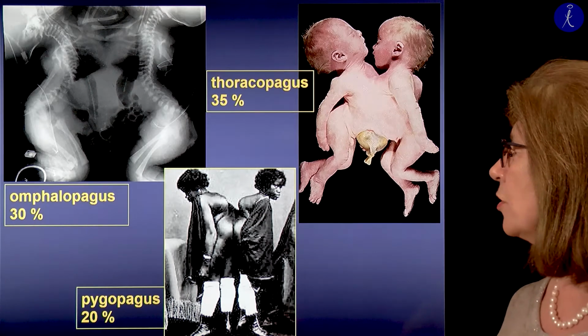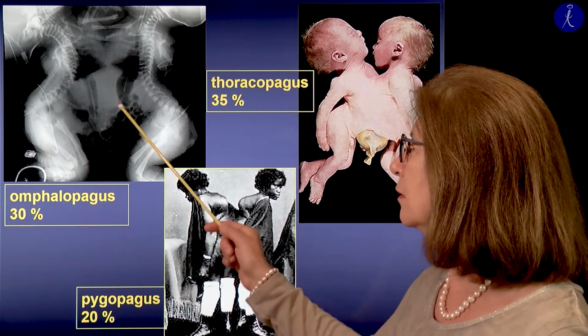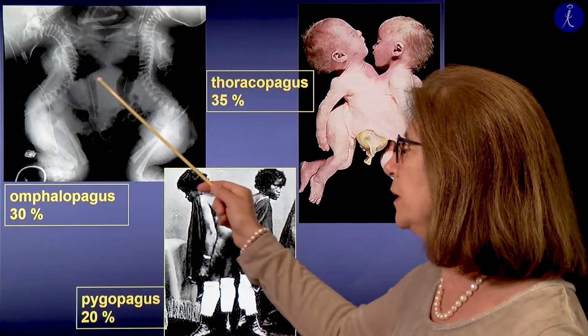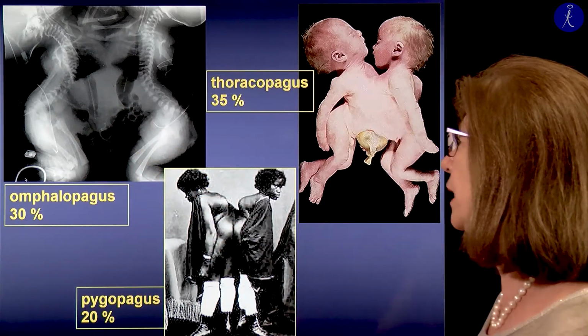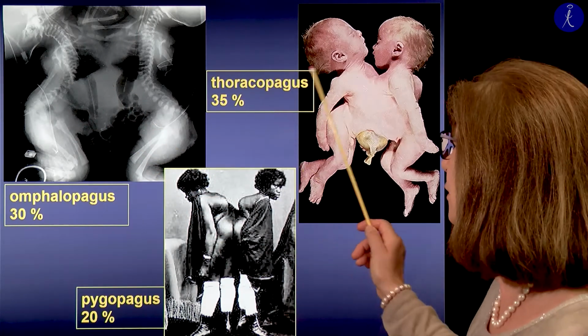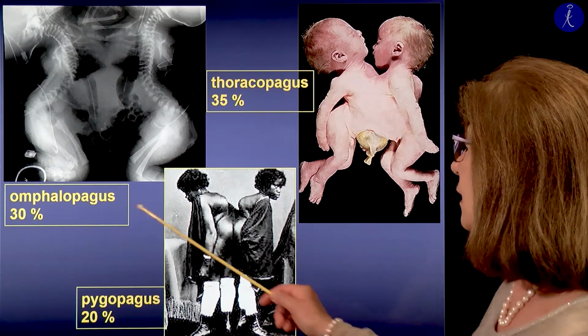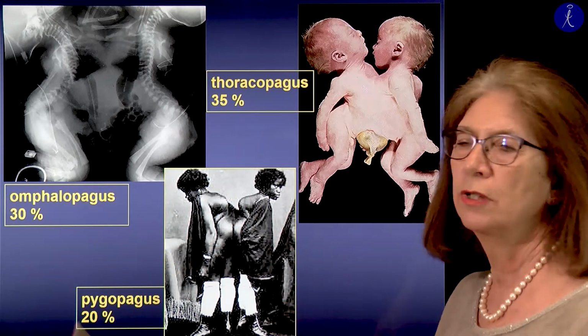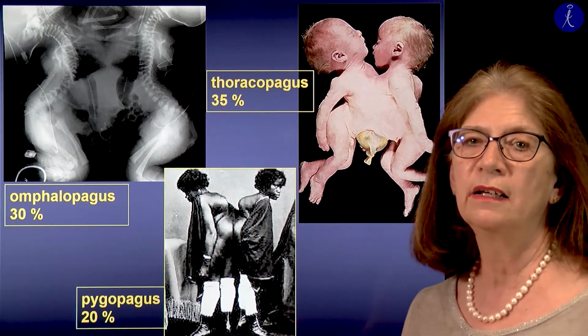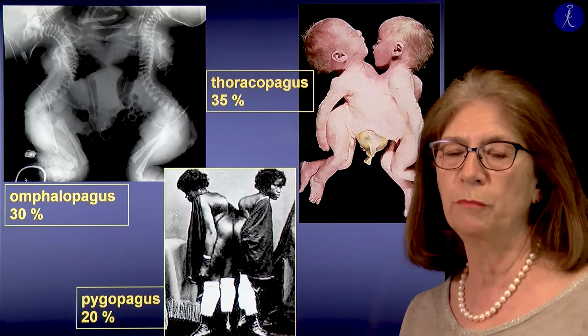The other variations may be Omphalopagus. These are joined with the bowel system in the belly region, or Thoracopagus, or this may also be combined, Thoraco-Omphalopagus. These give a greater percentage at birth, but these are not compatible with life.